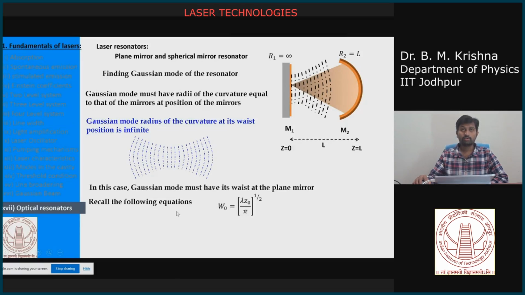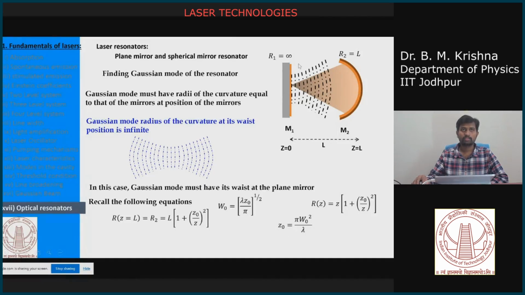So now we recall the equations from our Gaussian beam lectures. Your W naught, the beam width radius, equals (lambda z naught by pi) whole power 1 by 2, and R of z, the radius of curvature at different positions along the z direction, equals z into (1 plus (z naught by z) whole square), where z naught is your Rayleigh range parameter.